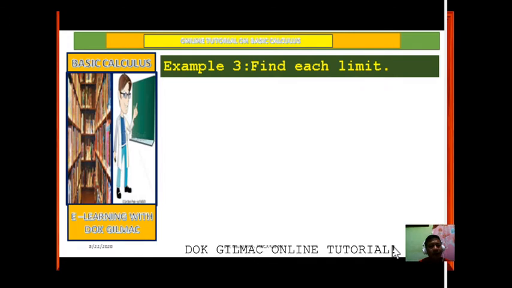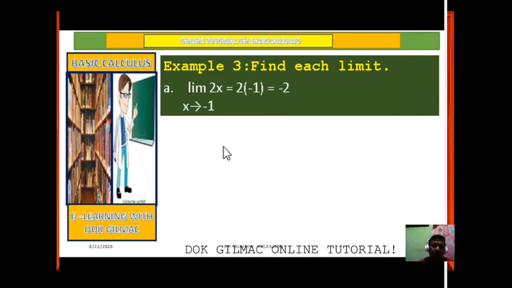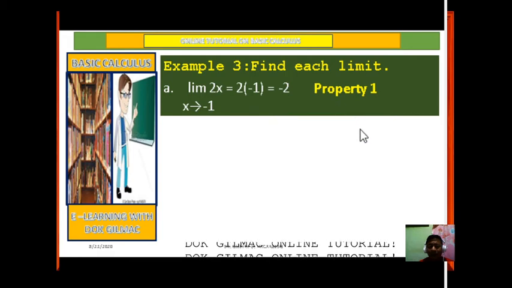Now, let's consider example number 3. Find each limit. The limit of 2x as x approaches negative 1. So by direct substitution, we have 2 times negative 1, that is simply equal to negative 2. In this case, property 1 is illustrated.